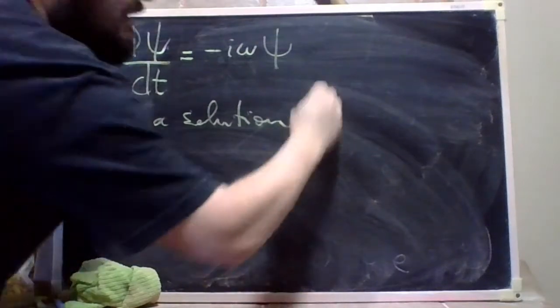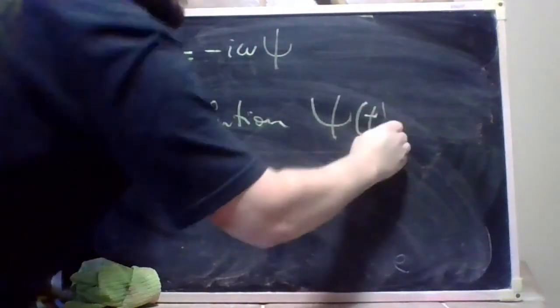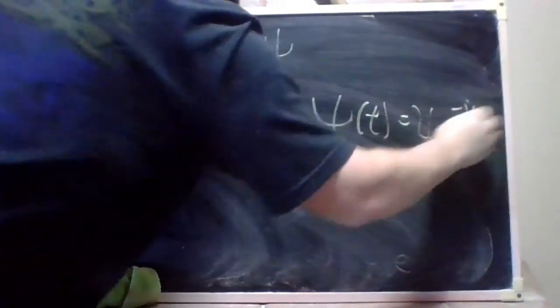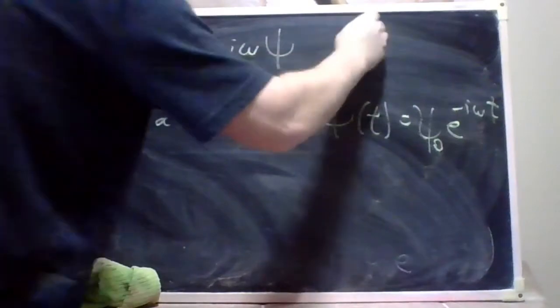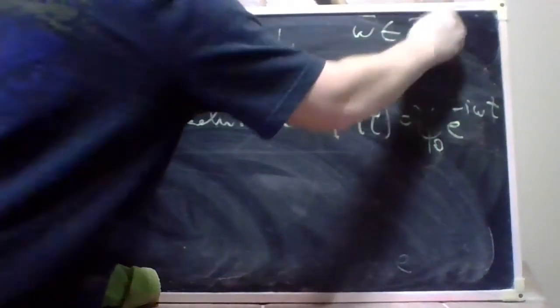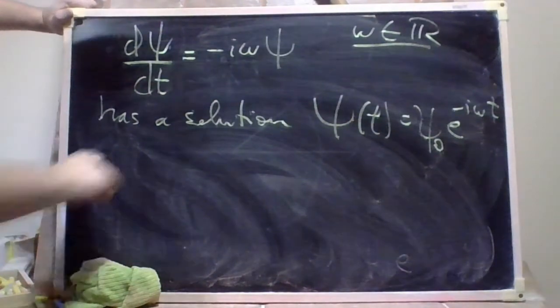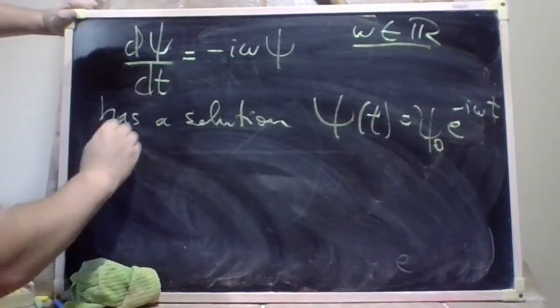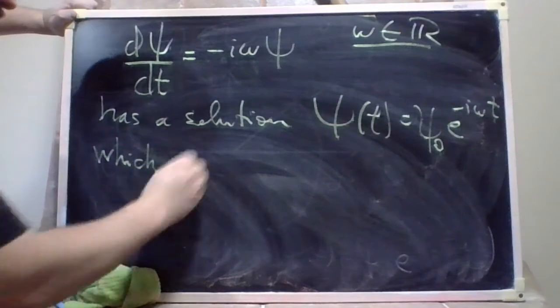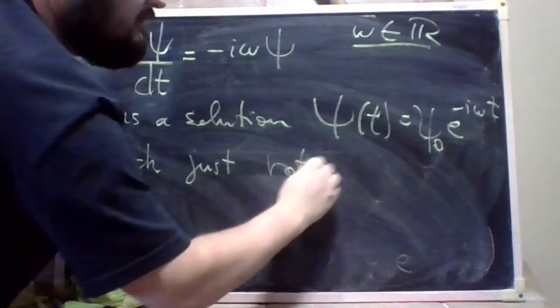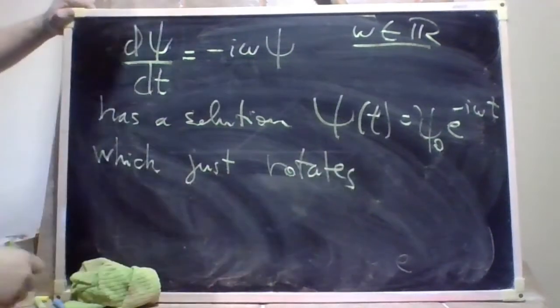Solution psi of t is equal to psi 0 e to the minus i omega t, right? Omega is in the reals, in the real numbers, so it has a solution which just rotates, right?